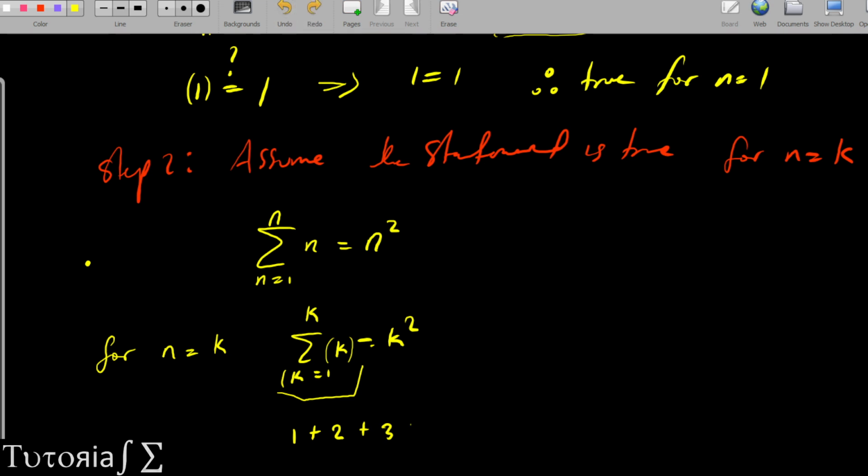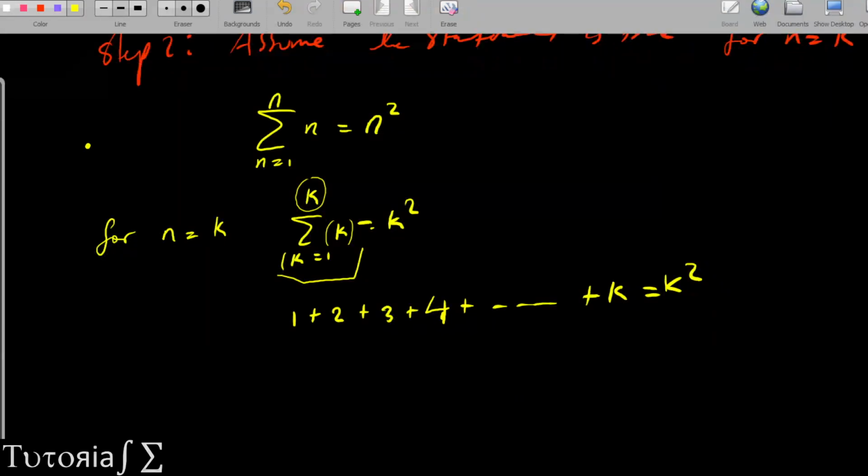The fourth number is k equals 4, so that is 4. Then we go all the way to the last number, which is k, and this should be equal to k squared. So that is our step 2. We're done with step 2.